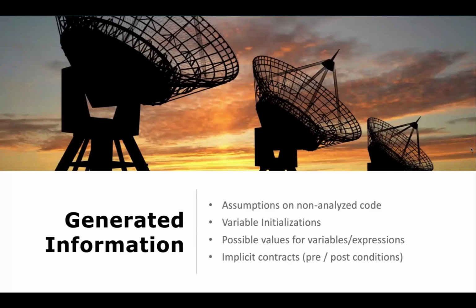Let's say that call returns an integer, and I use that integer in the divisor of an expression. Even though CodePeer can't see inside the library, it knows that the return from that call is being used in the divisor of an expression, so it can assume that the return from that library cannot be 0.